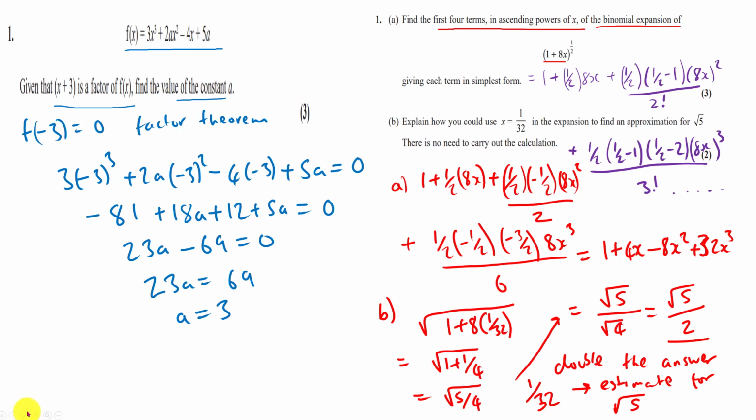Now, if they'd asked you to actually carry out this calculation, what that means is you would substitute x equals 1 over 32 into your 1 plus 4x minus 8x squared plus 32x cubed. So let x equals 1 over 32, and then whatever your answer is, you double it.